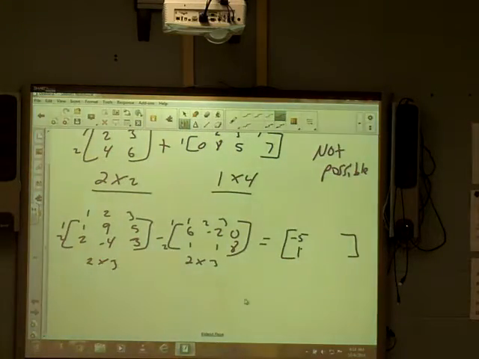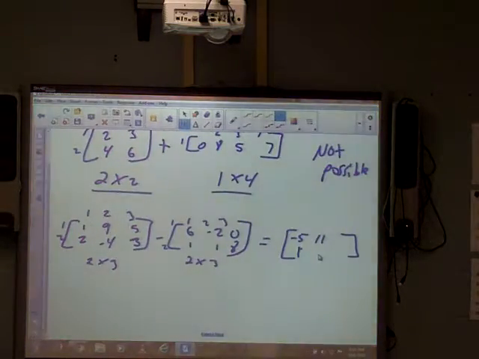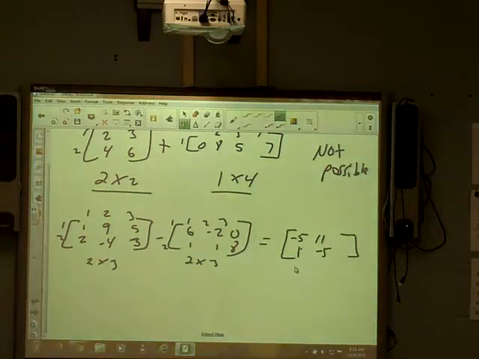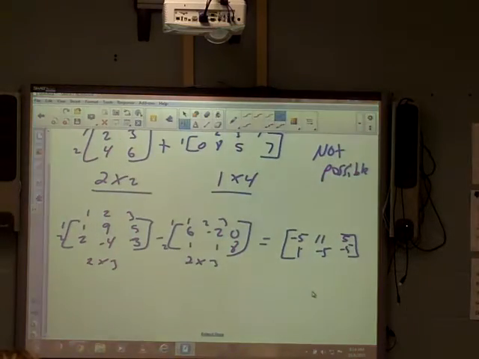What would my top middle be? 11, because 9 minus negative 2. What would my bottom middle be? Negative 5. Tell me if you don't know any of that. What's my top right? 5, and the last one, bottom right? Negative 5. Pretty simple.